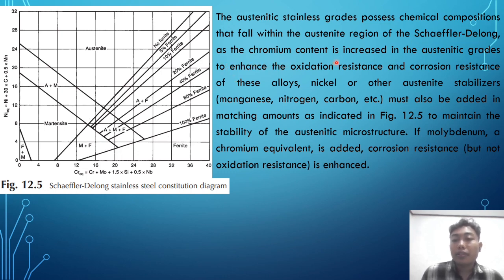As the chromium content is increased in the austenitic grades to enhance the oxidation resistance and corrosion resistance of the alloy, nickel or other austenite stabilizers such as manganese, nitrogen, and carbon must also be added in matching amounts, as indicated in figure 12.5, to maintain the stability of the austenitic microstructure if molybdenum or chromium equivalent is added.